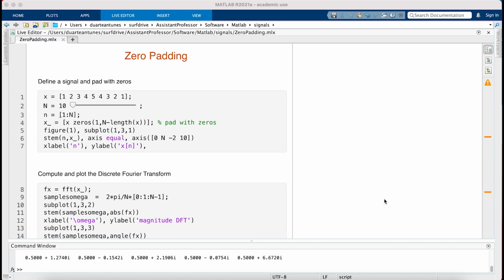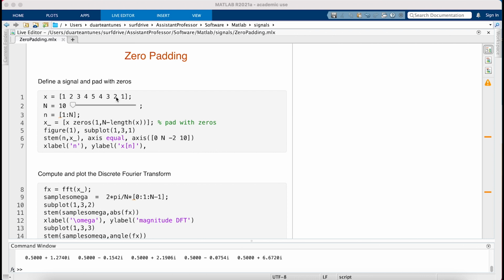Let us illustrate the zero padding procedure with MATLAB. We start by defining an arbitrary signal defined by this vector x, which has components 1, 2, 3, 4, 5, 4, 3, 2, 1.